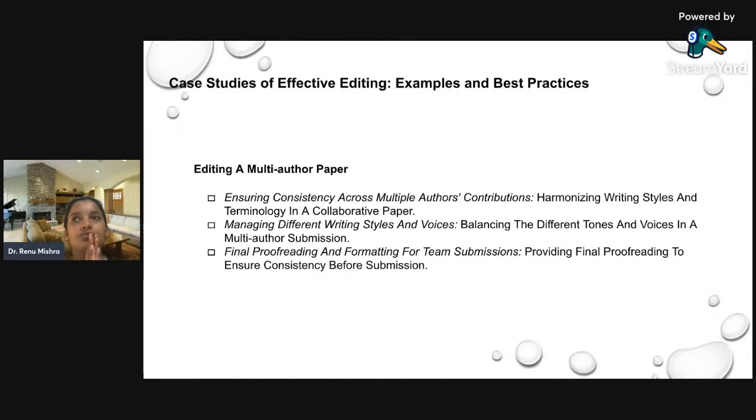You need to collect all of their work. You need to balance the writing, the tone. How? You just can't dominate one tone over others. What you have to do is choose one tone amongst all.